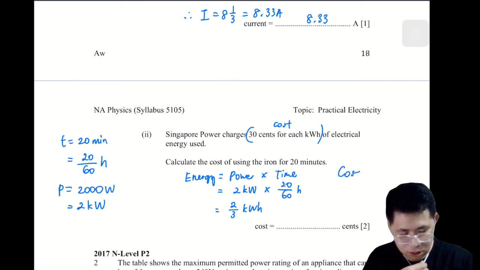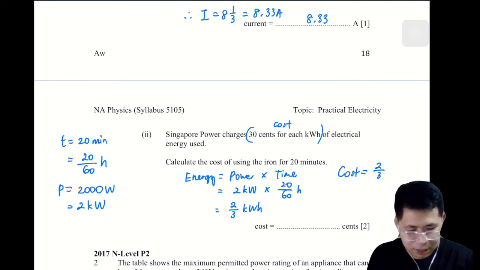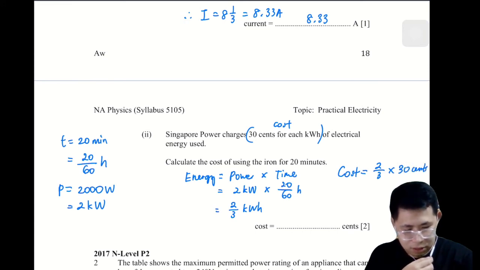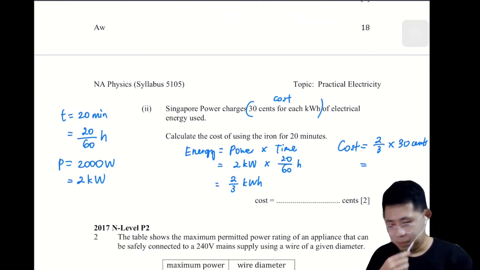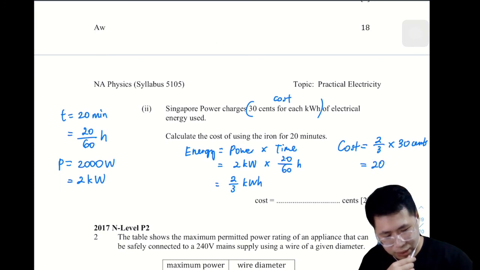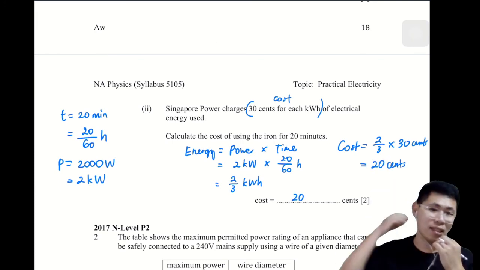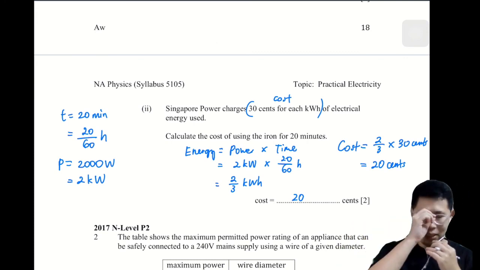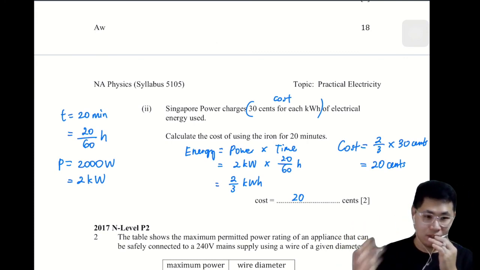So the cost is this amount of kilowatt hours times the price, so times 30 cents. 2/3 of this will be 20 cents. The important skill here is to convert.